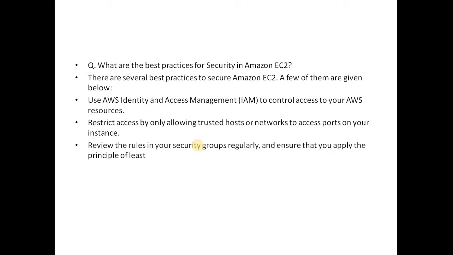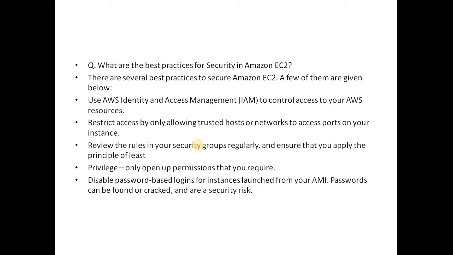Always review the rules of your security groups. If not required, delete the other firewall inbound traffic rules, and make sure that only authorized people are connecting to your EC2 instance. Open up only the permissions that you require, and disable password-based logins for instances launched from your AMI.